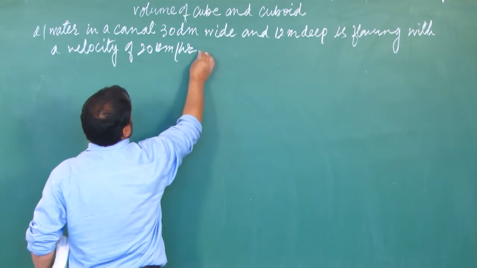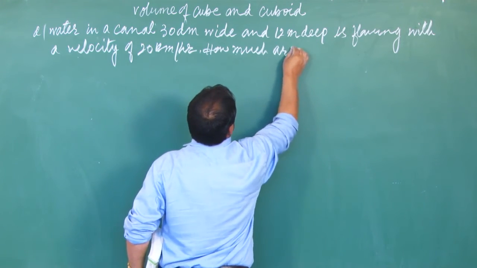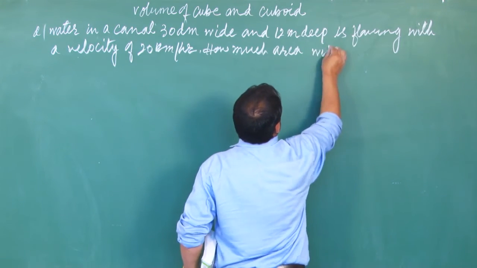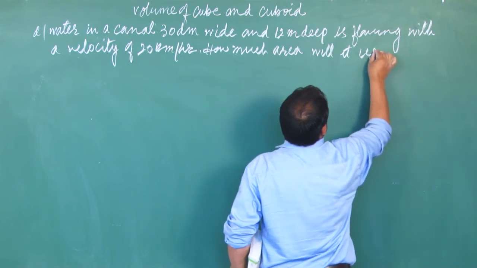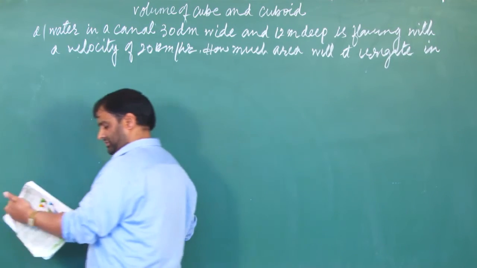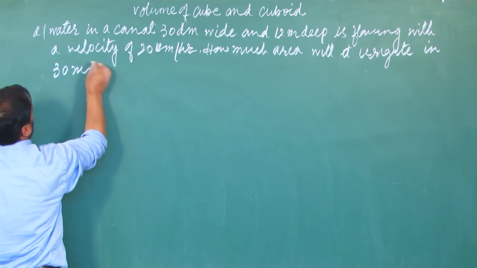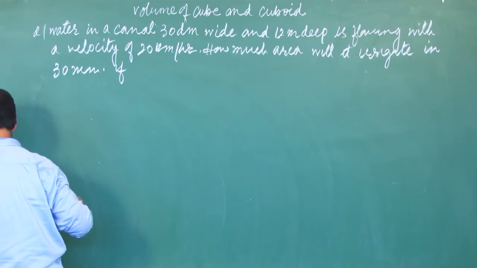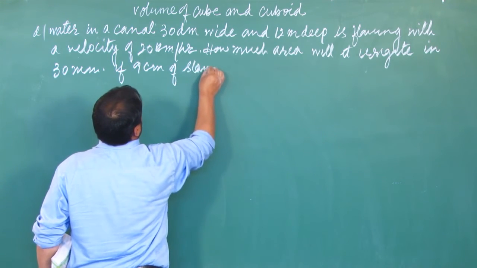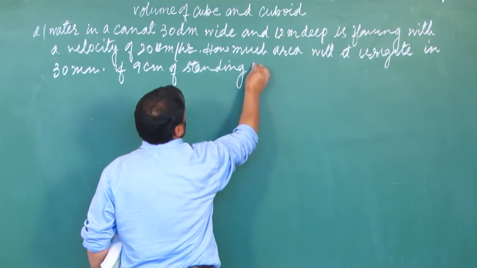How much area will it irrigate in 30 minutes, if 9 centimeters of standing water is desired?